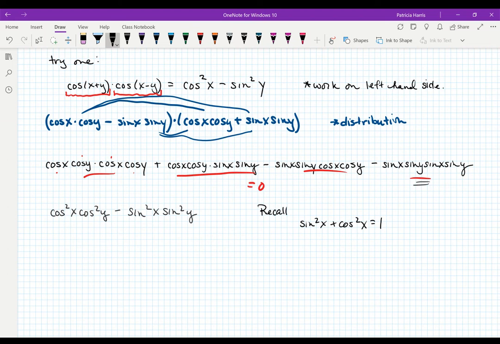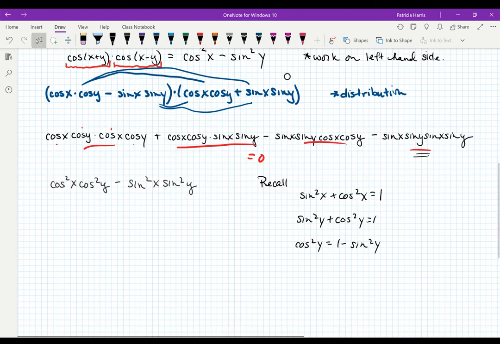So instead of writing x, I can write y. I can also rearrange. Okay, so I want to keep my cosine, I want to get rid of sine y, so let's try substituting.